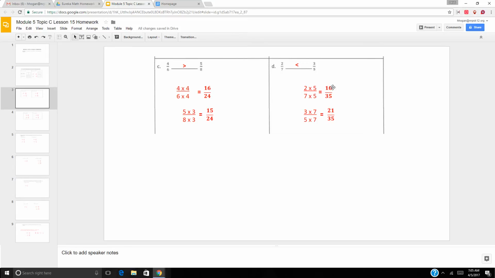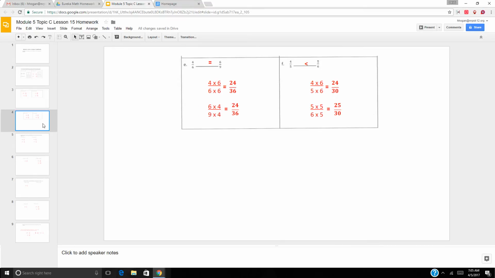So 2 times 5 is 10, so that's 10/35. 5 times 7 is 35. So 3 times 7 is 21. So we know that 10/35 is less than 21/35. So 2/7 is less than 3/5.